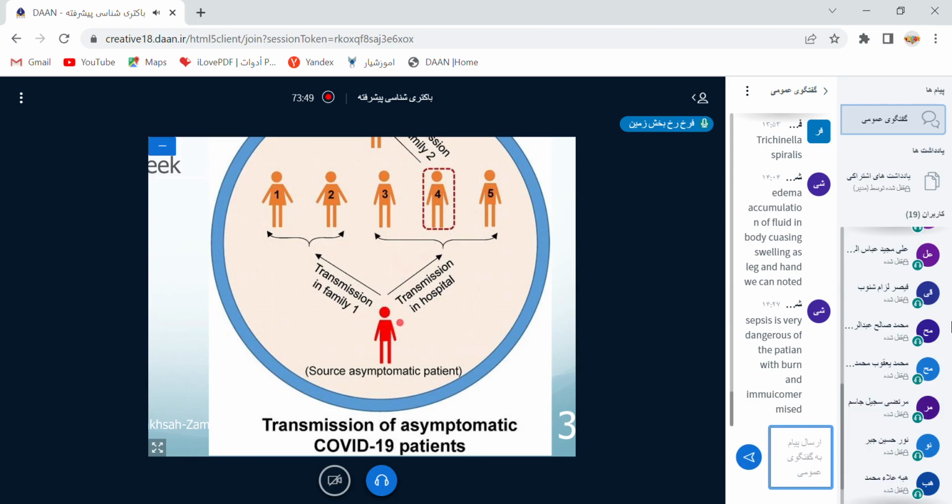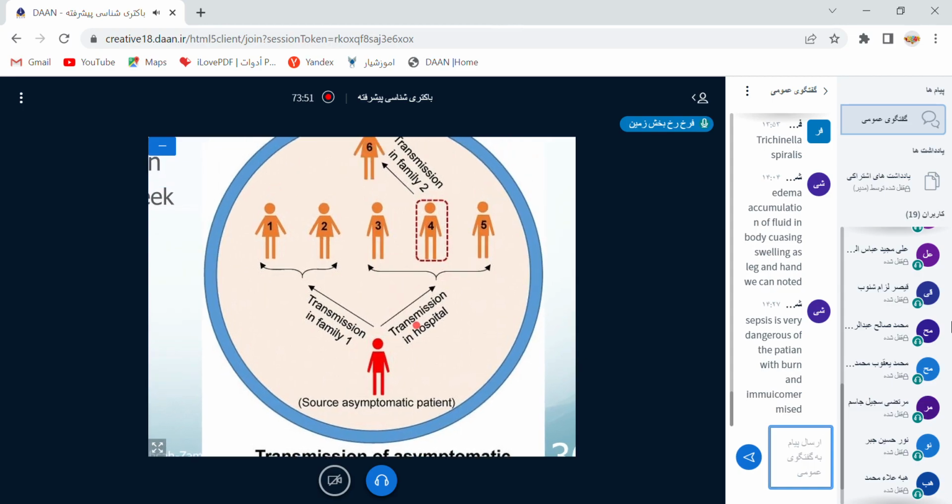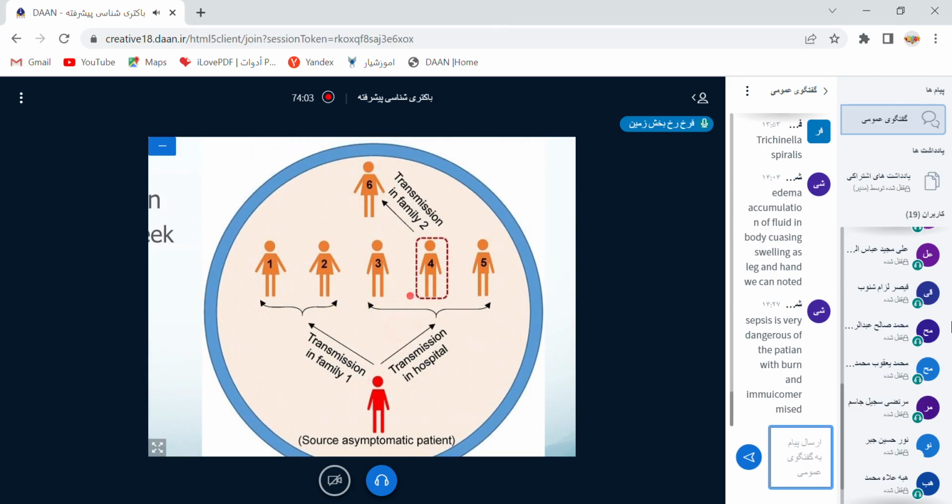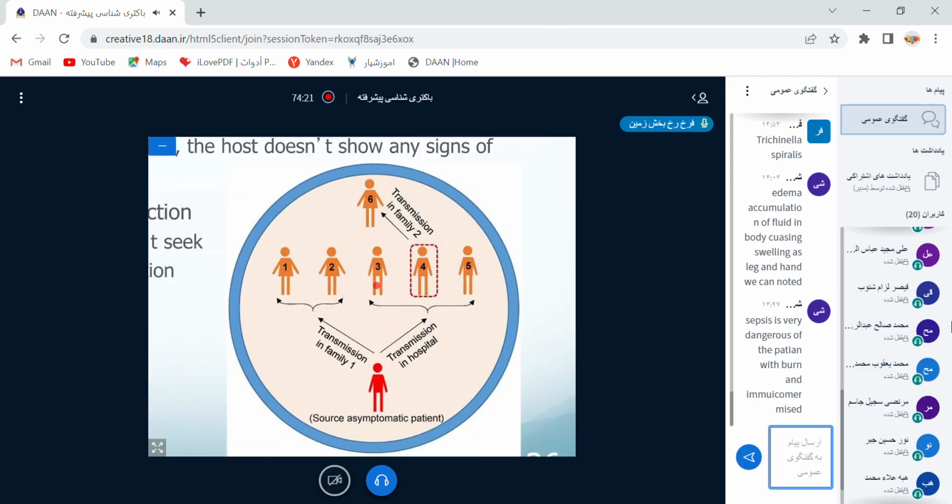This person can transmit the infection in the hospital to other people, to the people in the city, to the family. And if it is asymptomatic in your body, it doesn't mean that when transmitted to another person, it continues as asymptomatic. Maybe it changes to the symptomatic form.